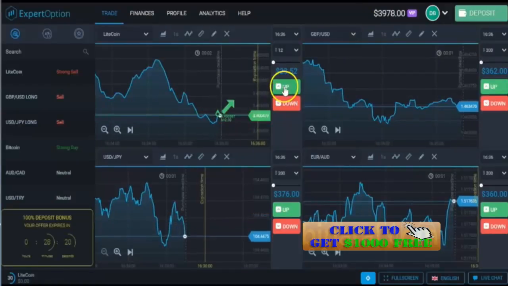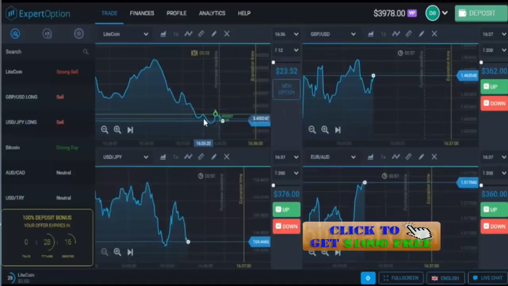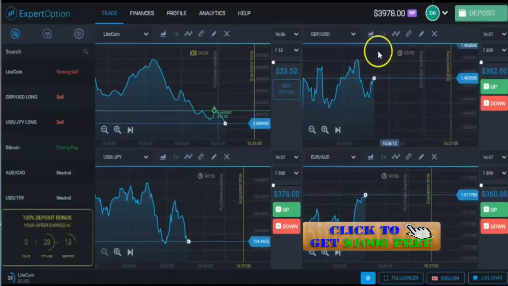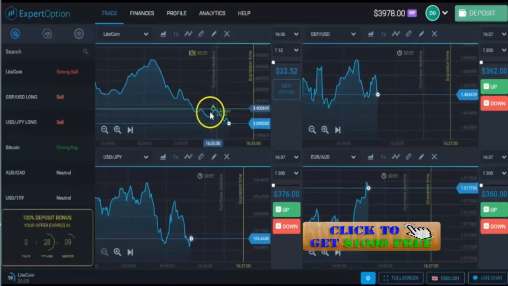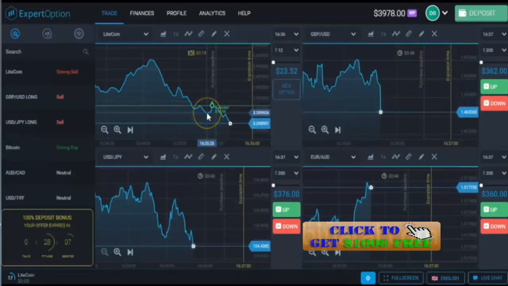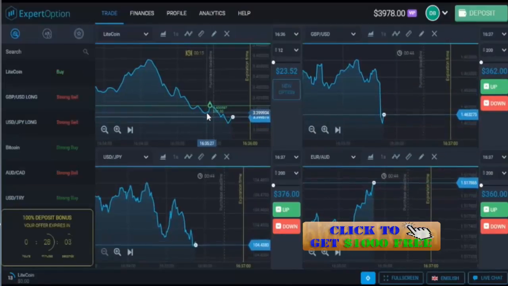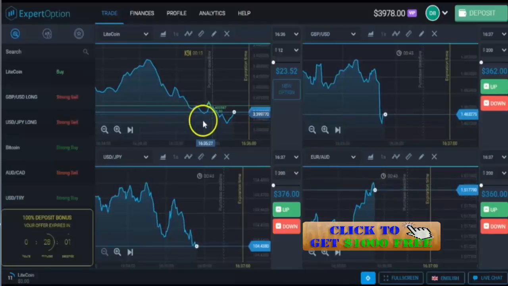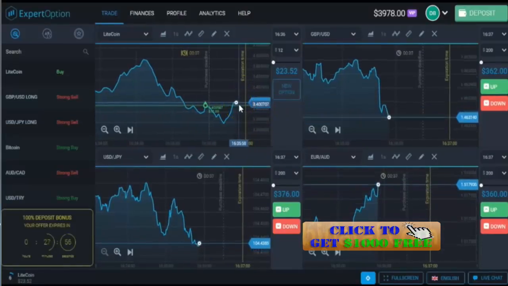Okay, so if you lose any bet, for example, you are starting your trading from $100. So if you lose $100, next time you have to bet 2.5 times bigger. So it will be a bet of $250, right? And if you win your bet, you go back to your initial bet of $100.